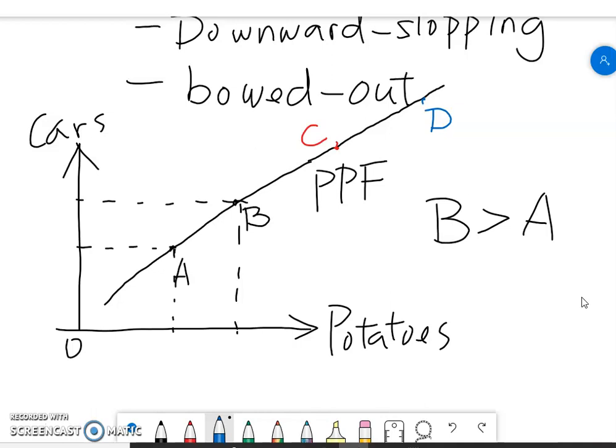Based upon the economic principle we learned in chapter 1, resources are scarce. So for a given amount of resources, if we can produce an infinite number of cars and potatoes, we don't have any scarcity at all. In other words, the upward sloping PPF simply violates the scarcity we discussed in chapter 1. That's why we believe the PPF must slope downward.